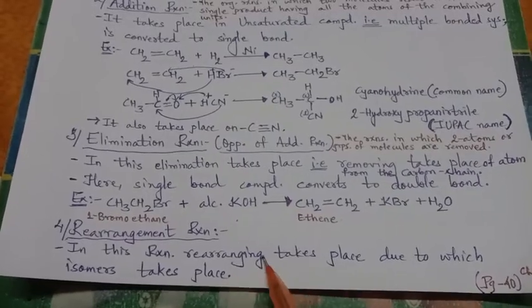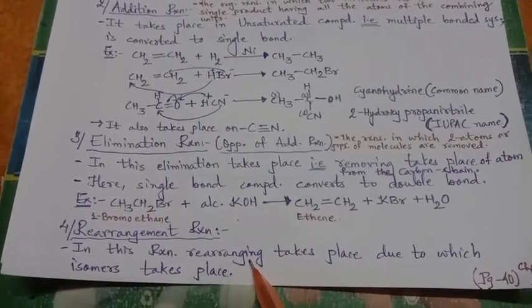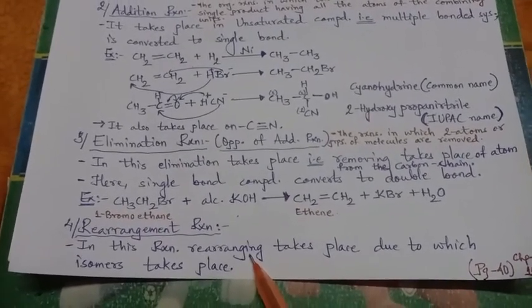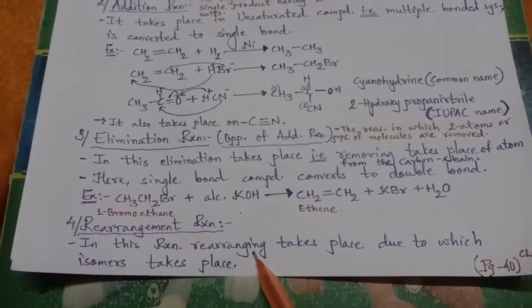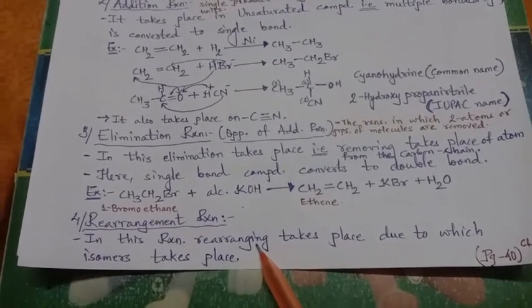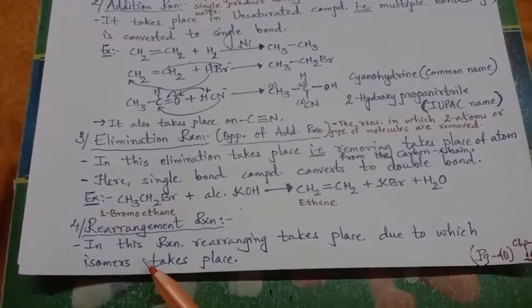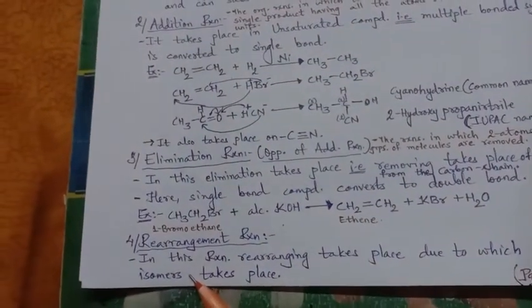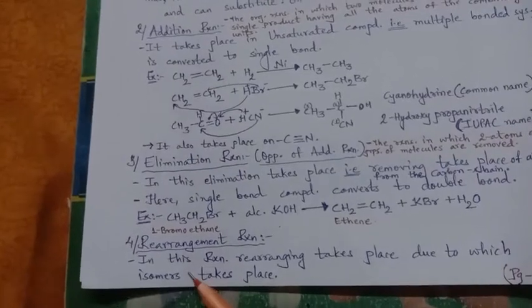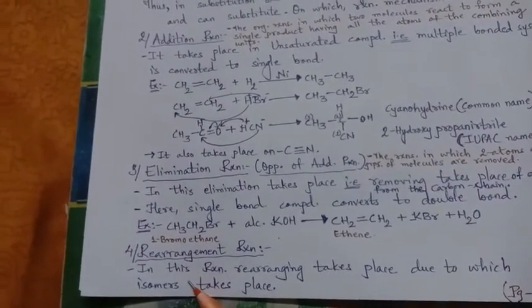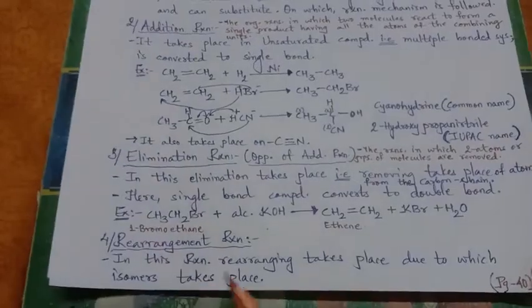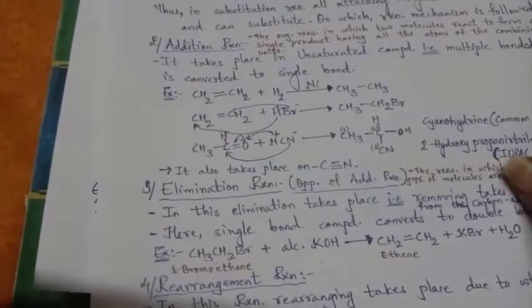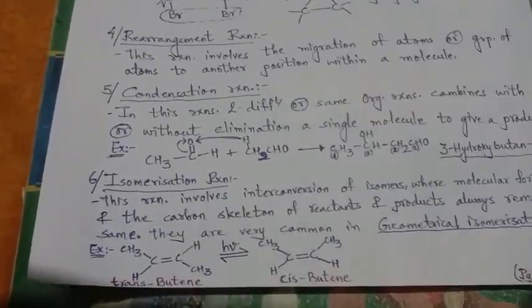When the rearranging of the atoms takes place, then that particular compound which is rearranged may exist in an isomeric form. We know what isomers are. Isomers have the same molecular formula but different structural formula, right? So let us see the rearrangement reaction.